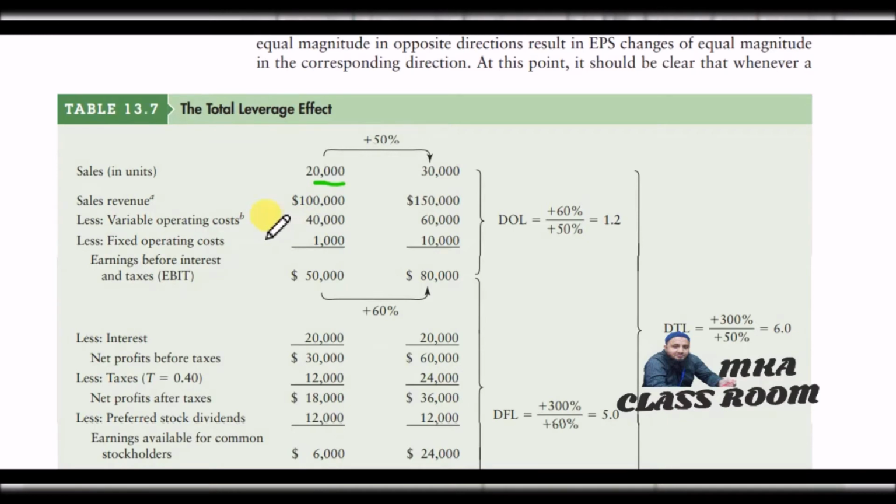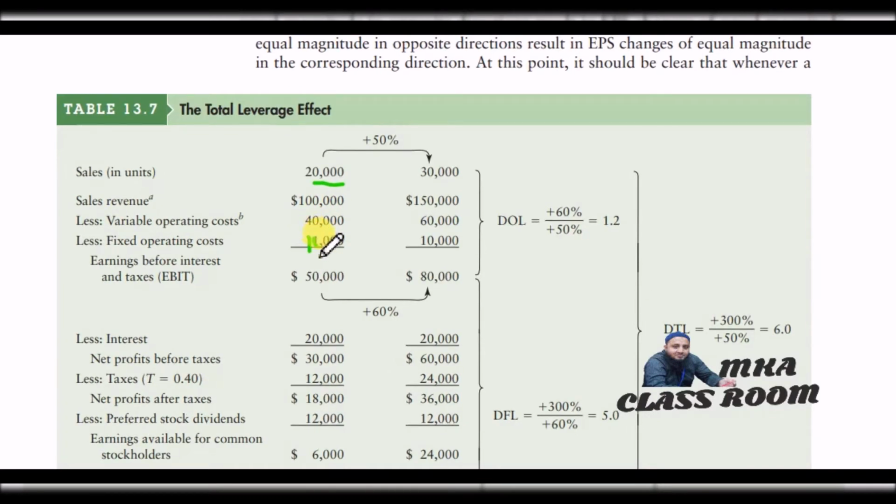Variable operating cost 2 taka per unit, 2 into 20,000, then 40,000. Fixed operating cost, not 1,000, here should be 10,000.